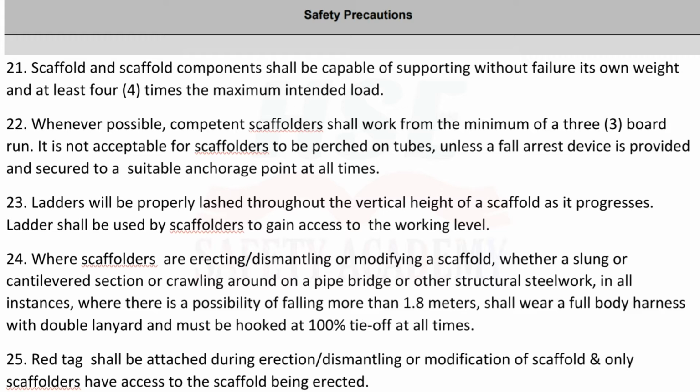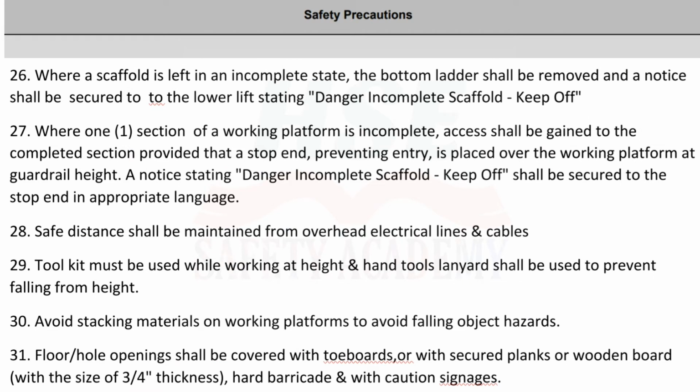Red tag shall be attached during erection, dismantling or modification of scaffold, and only scaffolders have access to the scaffold being erected. 26. Where a scaffold is left in an incomplete state, the bottom ladder shall be removed and a notice shall be secured to the lower lift stating danger, incomplete scaffold.